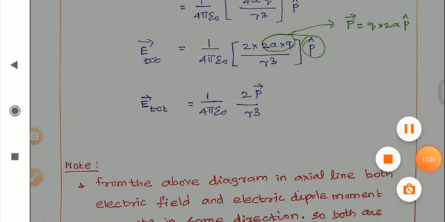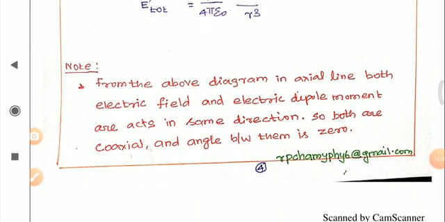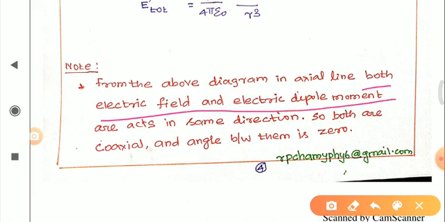Okay, so this is the resultant electric field at the point C due to the electric dipole. Now what are the other important points we have to note from this axial line? From the diagram we can understand that both the electric field and the electric dipole moment act in the same direction.